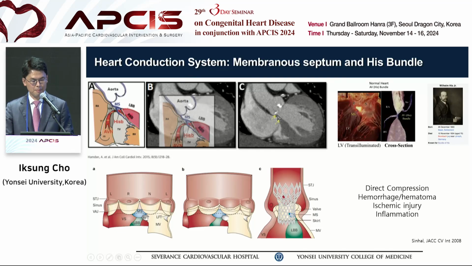There is a membranous septum here. It's located between the NCC and RCC, and the lowest part of the membranous septum serves as the penetrating site of the His bundle.